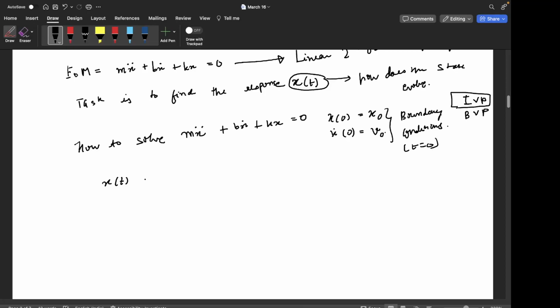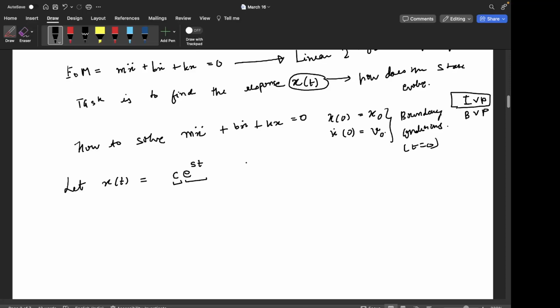By trying out some functions and seeing which type of function can satisfy this type of an equation, we come up with a guess for x(t), and let that guess be an exponential function, right? So it's an exponential function of t, c e to the power st, multiplied with a constant c.